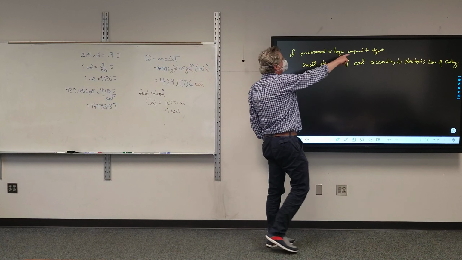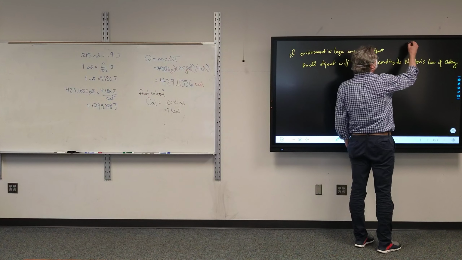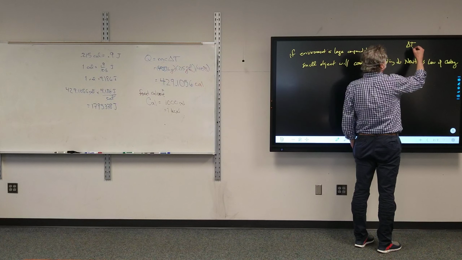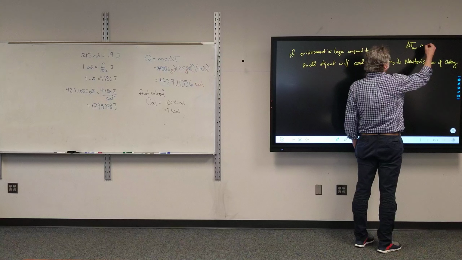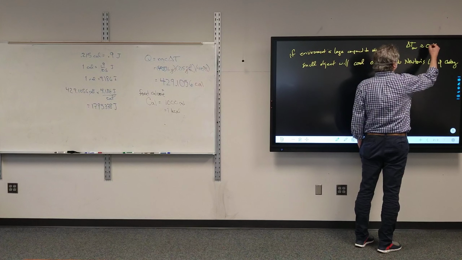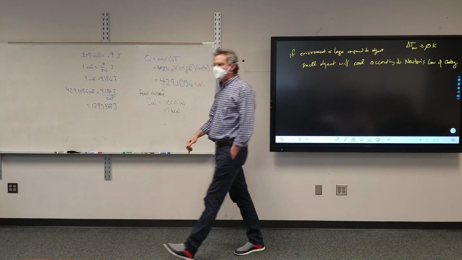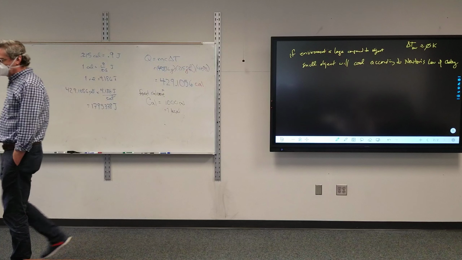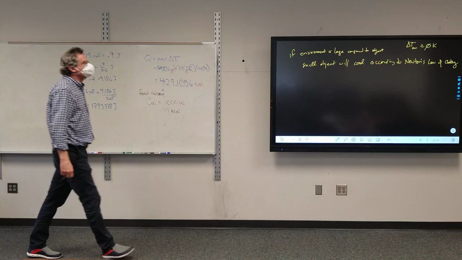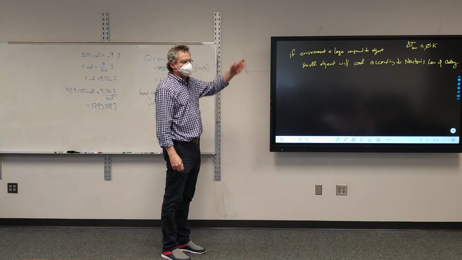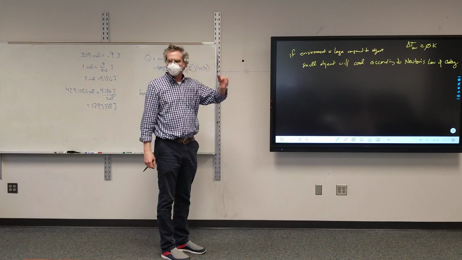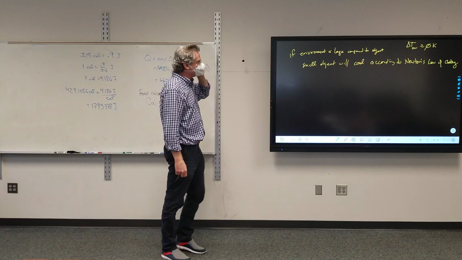And when I say environment is large, basically that the change in temperature of the environment is practically zero. I put Kelvin, but if it's 0, it's also degrees Celsius, or degrees Fahrenheit, or Rankine.